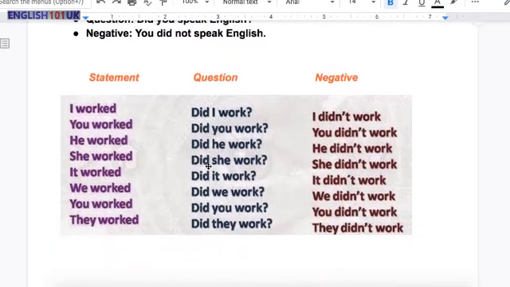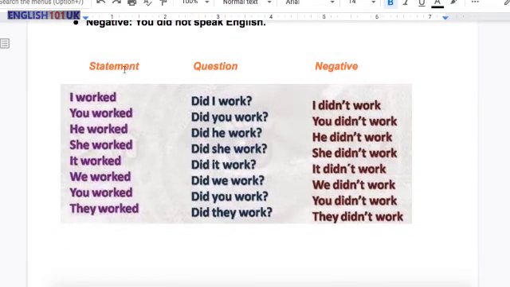In the statement, we have work as a regular verb, so we add ed to form the past of the verb work. For example, I worked yesterday. You worked yesterday. He worked. She worked. It worked. We worked. You worked. They worked yesterday.